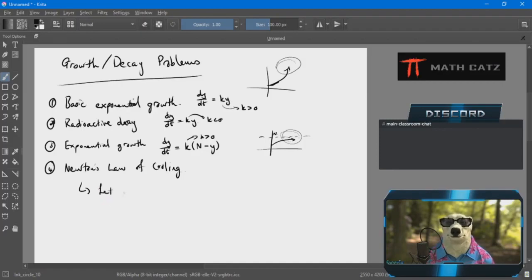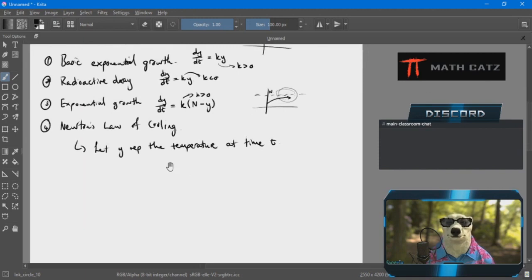So first we're going to say, okay, let Y represent the temperature of the object at time t. Now, in the case of a hot cup of coffee, that temperature, if I leave it out, is going to decrease. So we have a decaying situation here. The temperature, if you will, is decaying.